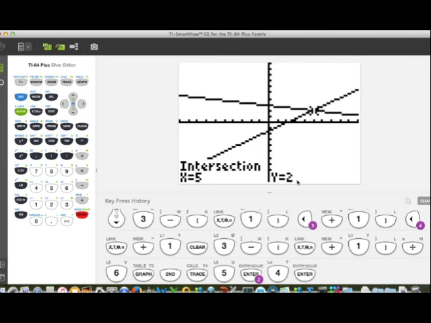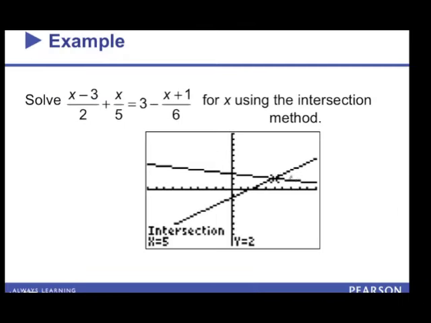The y values happen to be 2, but our solution is x equals 5. Here is what we got with the calculator steps. You can see the intersection right here is at the point 5, 2, and so the solution is x equals 5, because that's the x value where they intersect.